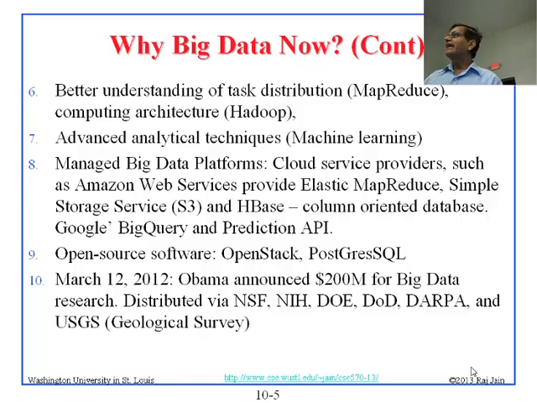And $200 million was given to NSF, NIH, DOE, DOD, DARPA, and USGS. So anywhere you can get funding, it is there for big data research. So whether you are doing networking, computing, programming, or biology, everybody is working on big data.